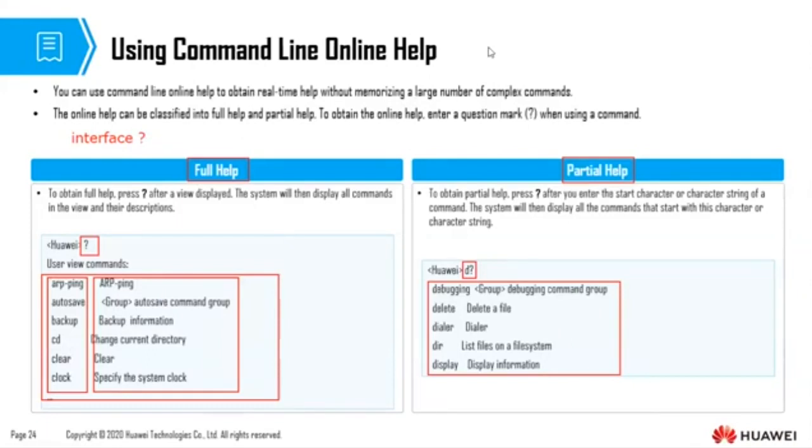That is full help. For partial help, it will be interface, then question mark, without the space there. So if I press enter, it's going to bring me all the commands that start with the letters INTERFACE, okay?